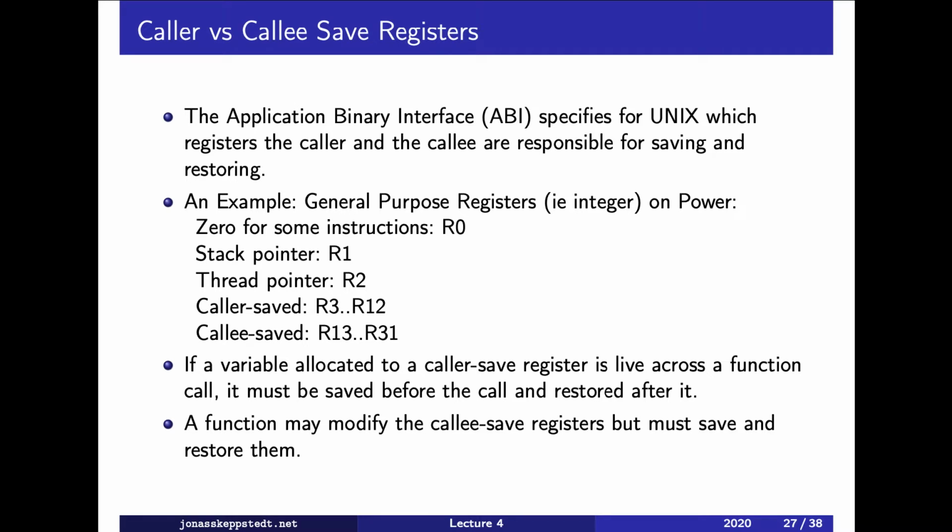That means if we have a parameter and call a function, and we want to keep the value of this variable which is a parameter, then we need to save it ourselves, because the called function is allowed to modify the parameter.